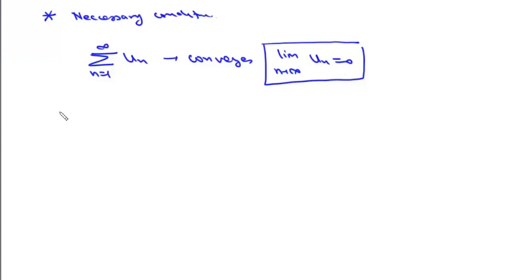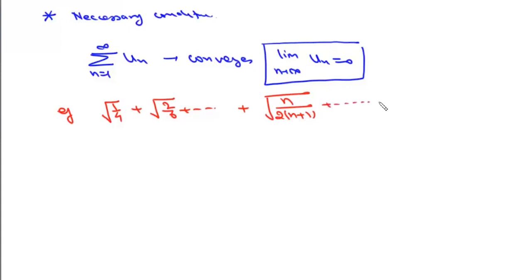Say for example, we have this series: under root of 1 by 4 plus under root of 2 by 6 plus under root of n by 2n plus 1, and it goes all the way up to infinity. Now this is your un.